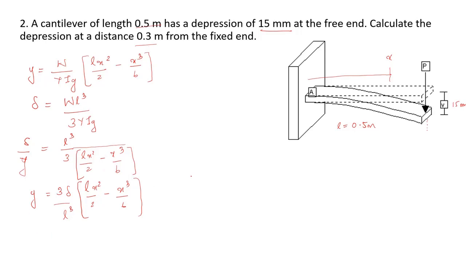Substituting all these values, we can calculate the depression at a distance 0.3 meter from the fixed end, which is 6.48 into 10 to the power negative 3 meter. This value, 10 to the power negative 3, means it is 0.00648, and it is very much less than 15 millimeter, the depression at the free end.